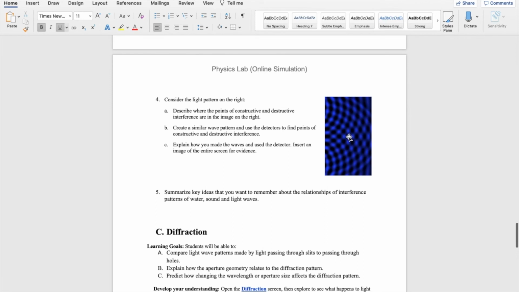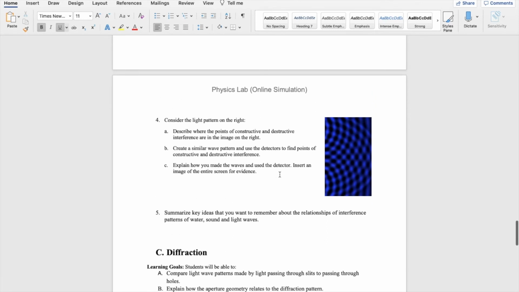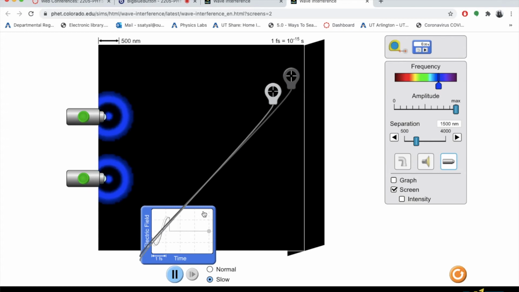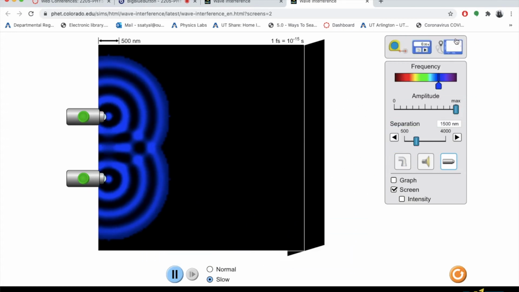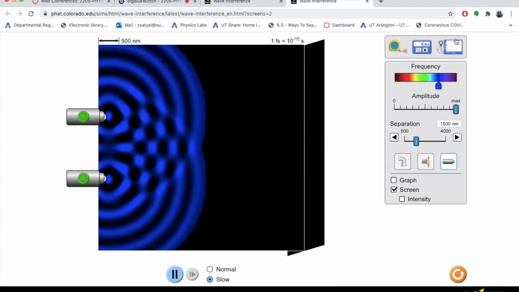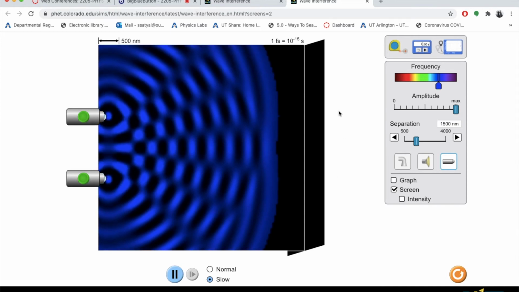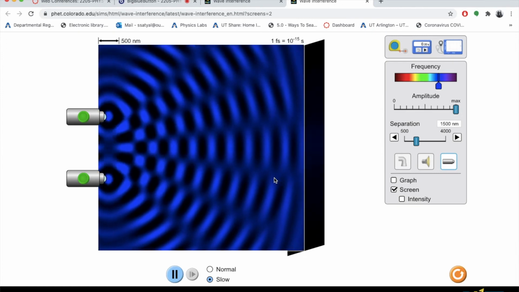You can change the color, or you can just refer to this diagram, or you can recreate this image by choosing the blue light here. You can recreate your own diagram.